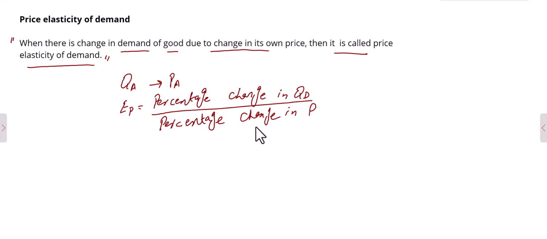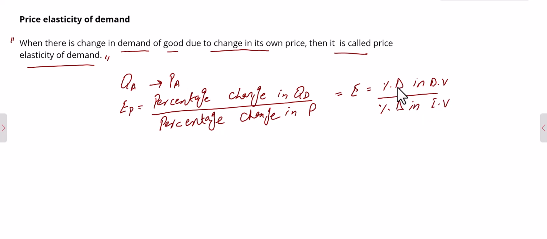So this is the formula for elasticity of price, and simply we can say that elasticity is equal to percentage change in dependent variable due to percentage change in independent variable.